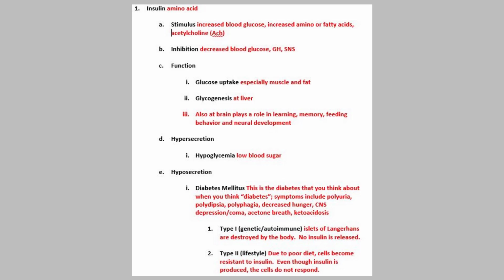Ketoacidosis is what happens when we start to break down our muscle, our fat, various proteins, things like that, for energy. Normally we're not supposed to do that, but when that happens, and it happens a lot, it actually produces things called ketones and acetones. So with ketoacidosis, those ketones build up in the blood.